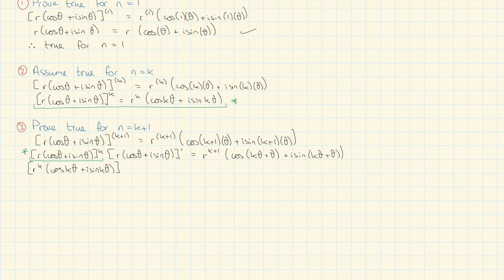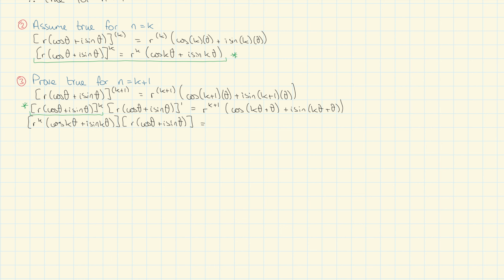That's multiplied by r cos theta plus i sine theta. You can drop your 1 there, as the 1 won't change anything for us. And then right hand side, again for indice rules, we have r to the power of k plus 1. So we can go and tidy that one up. That will help us out.